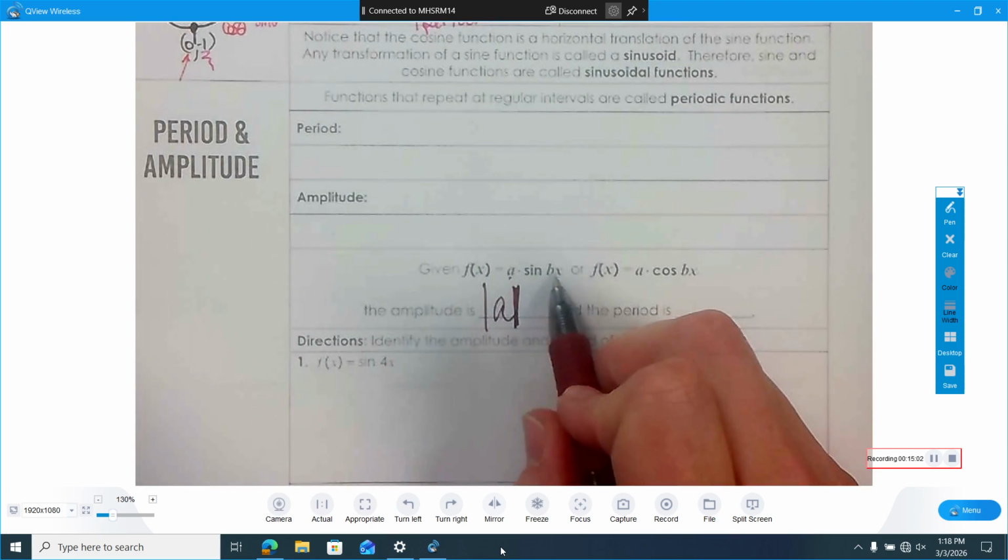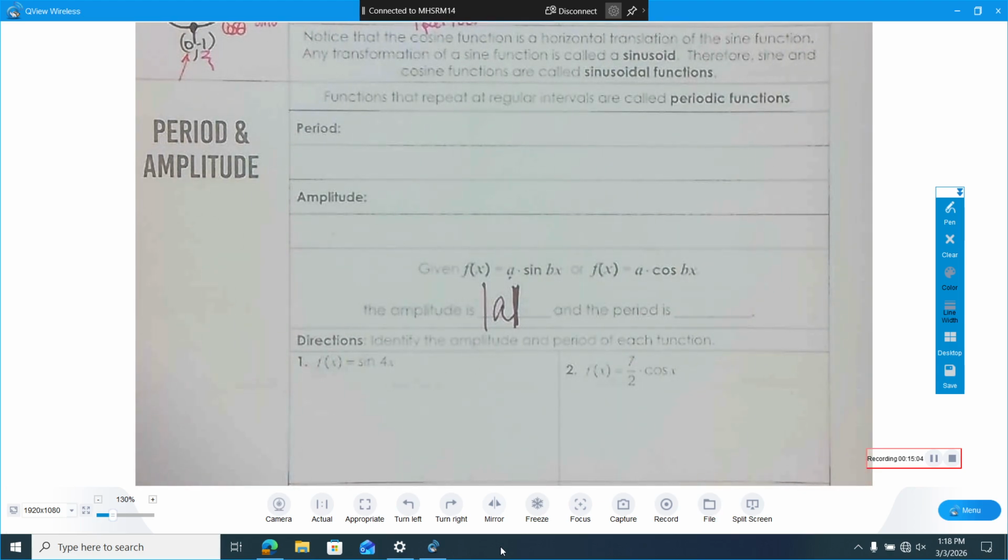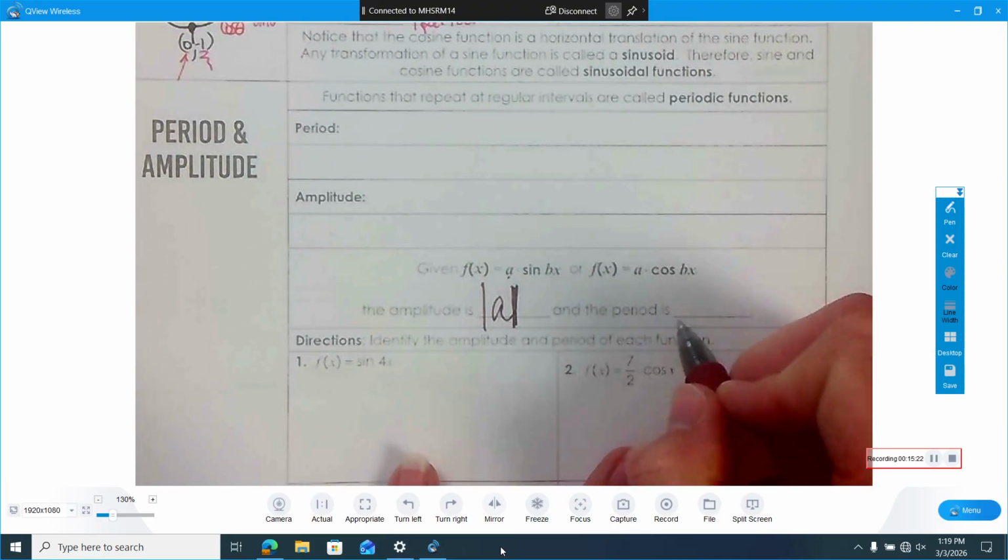Now, a number with x changes things in the x direction, all right? So that number with x is going to affect the horizontal axis, and so that affects the period.